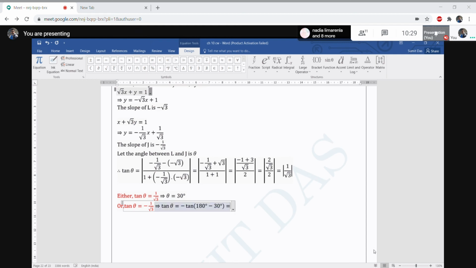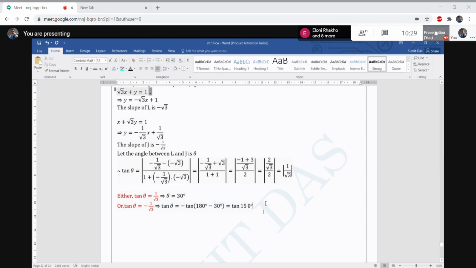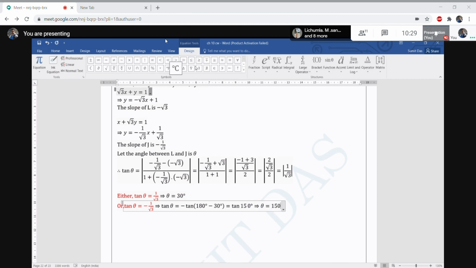Then which is equal to tan 150 degrees, which implies theta is equal to 150 degrees. Okay, so look, this is how we have to find the theta value. We know that tan 2 pi minus theta is equal to minus tan theta, right? So that is how to find the values.